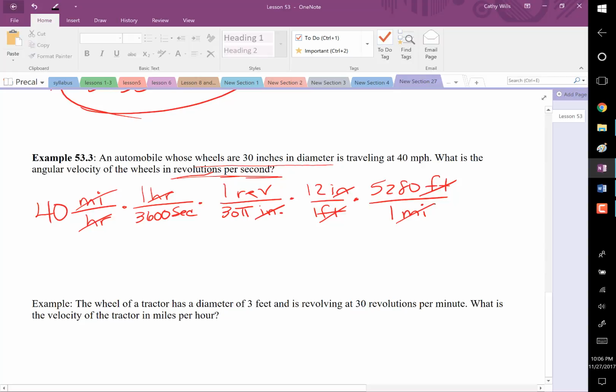So we're going to multiply 40 times 12 times 5,280 divided by 3,600 divided by 30 divided by pi, which is about 0.134 revolutions per second.